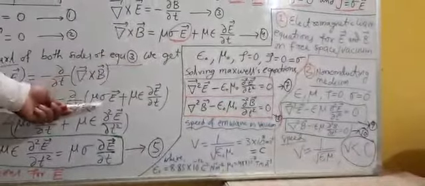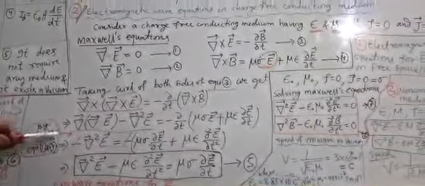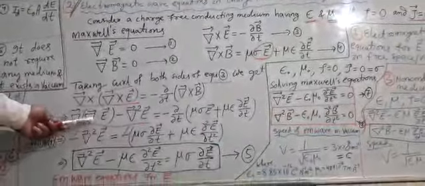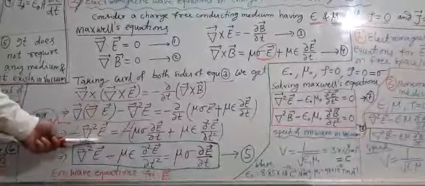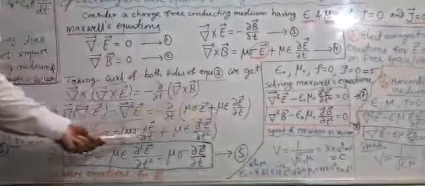So I have written by using equations 1 and 4, modifying this expression: first term 0, second term exists, and curl B is equal to this bracket part.